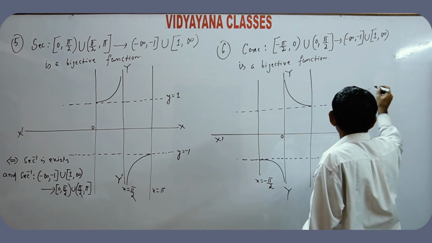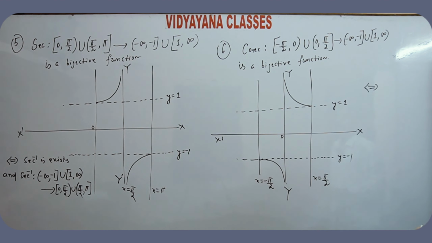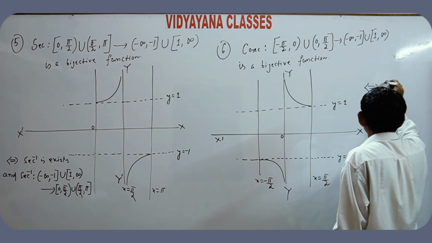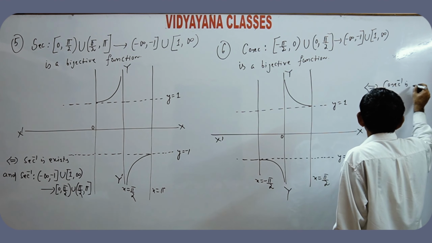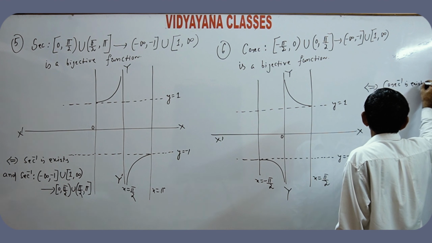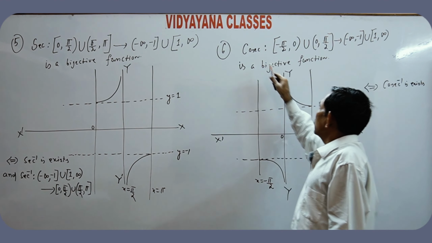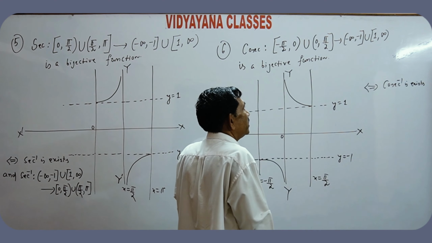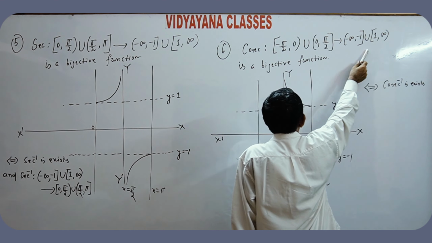The cosec function is bijective. If the function is bijective, its inverse exists. That means cosec inverse exists. If f is from A to B and its inverse exists, then f inverse is from this set to this set.